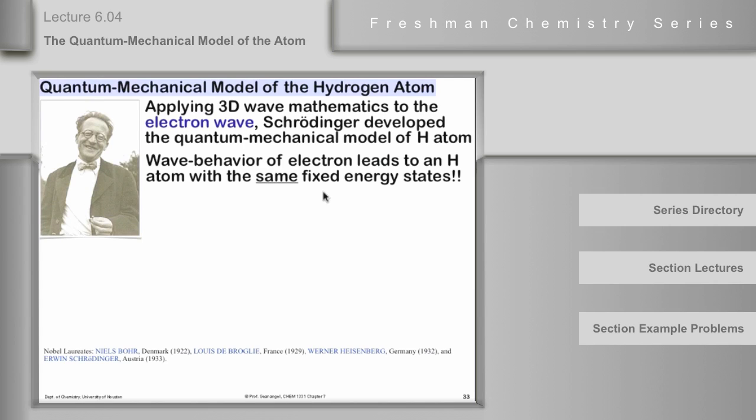What he got was the electron in the hydrogen atom could occupy only certain fixed energy levels. And this was completely analogous to the fundamental, the first overtone, the second overtone, third overtone, but the actual energies were the exact same things, the same energies to as many significant figures as you want to pursue as Bohr had.